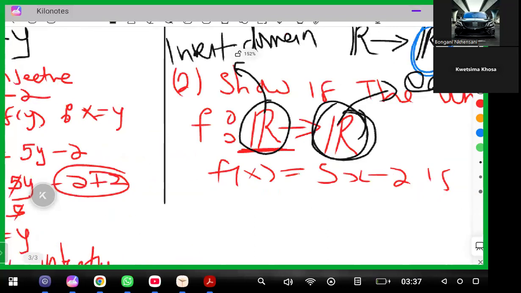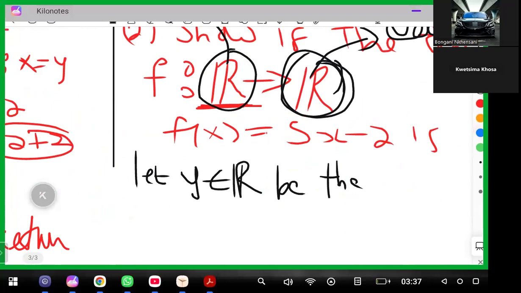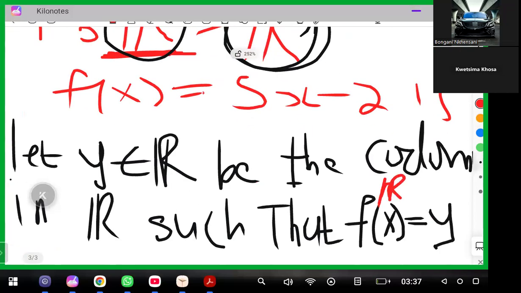So in this case, we can start by saying let y be an element of the codomain, in the set of real numbers, such that f of x must map exactly to y, meaning real numbers must give us a real number output.